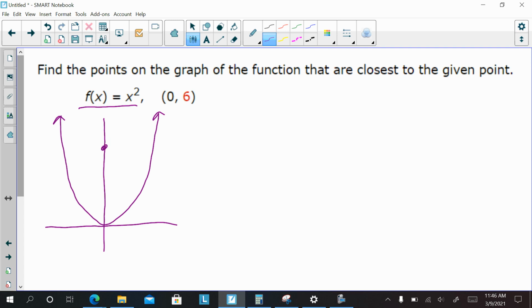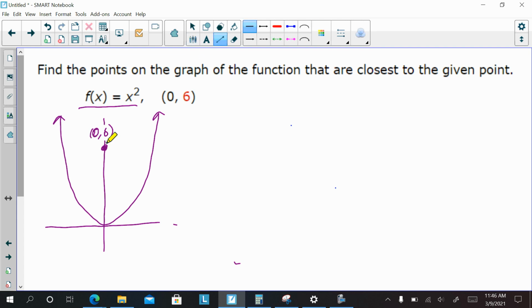So 0, 6 is here. So we need to find what point is closest to that. Or in this case, it's going to be points, 2 points, because there will be a point on the left side that is equally as close as the point on the right side that is at the minimum distance.